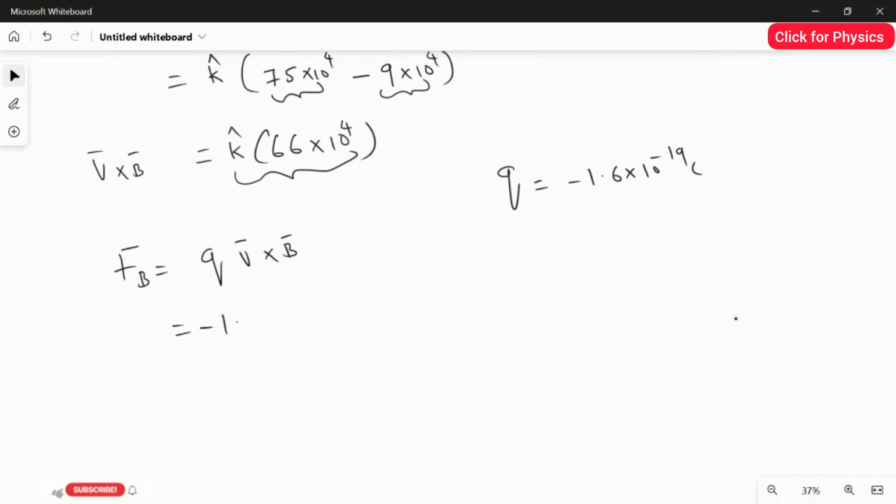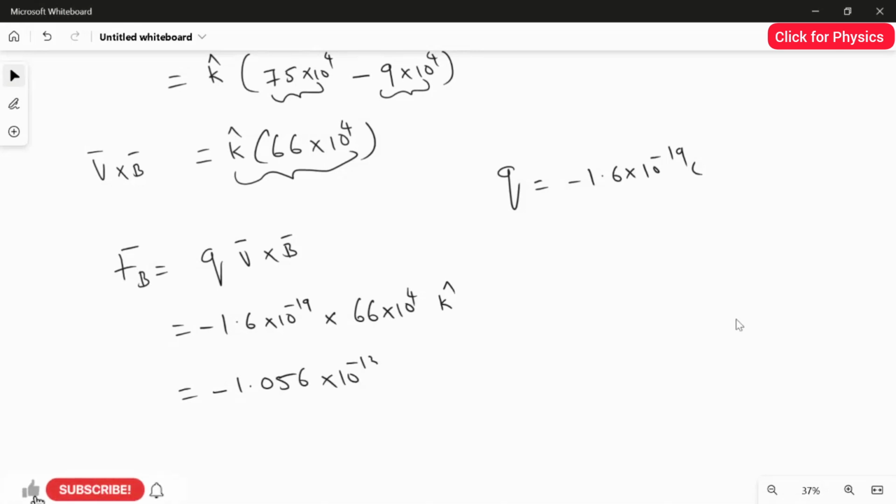Minus 1.6 multiply 10 power minus 19 multiply with 66 multiply 10 power 4 K cap. So here I got the answer as minus 1.056 multiply 10 power minus 13. It is K cap, right?